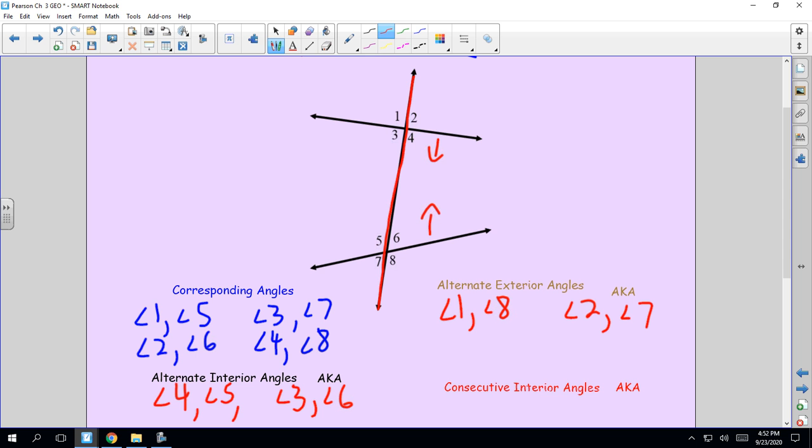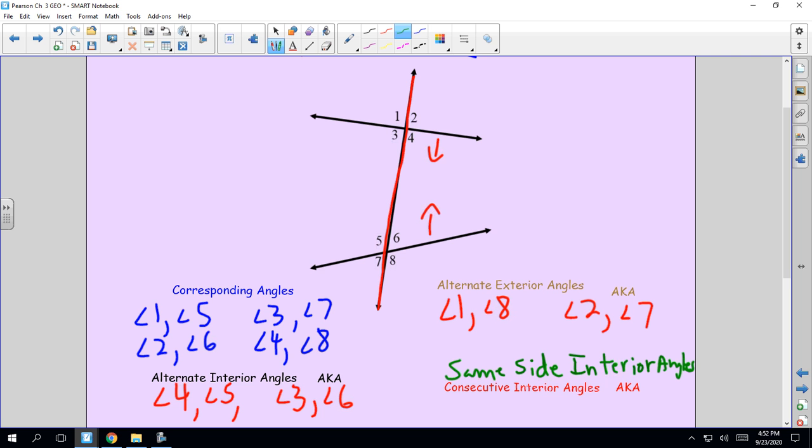Finally, this one has a couple different names. It depends which textbook you might be using, but these are called consecutive interior angles. They are also known as same side interior angles. In this textbook, they're actually called same side interior angles. Same idea, you should know both.